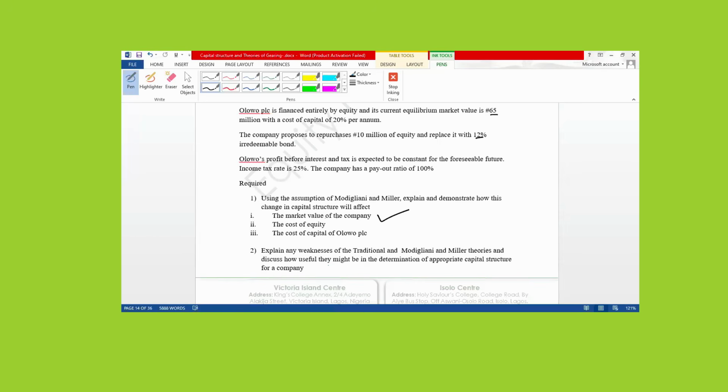The traditional theory was of the opinion that there is an optimal level of capital structure for a company. There's an optimal level of gearing. This is the level of gearing that minimizes cost of capital.